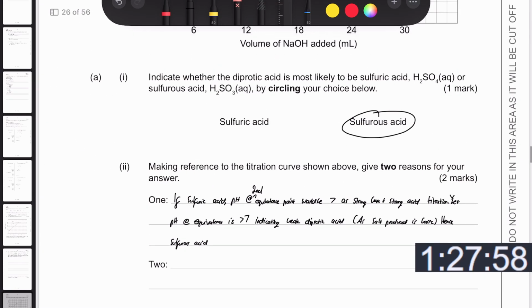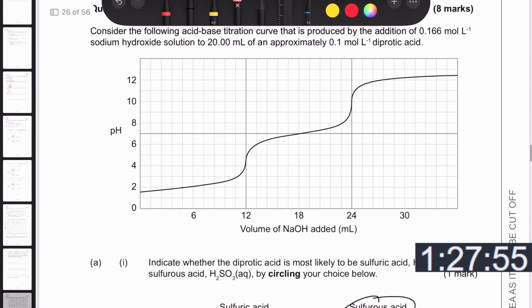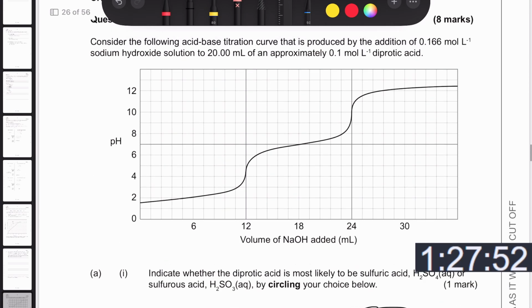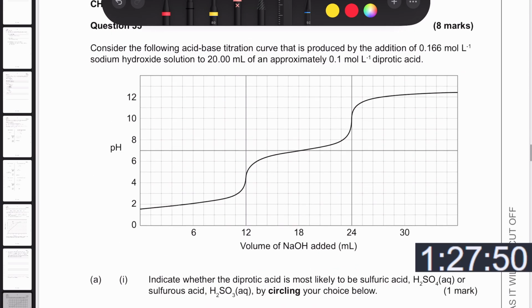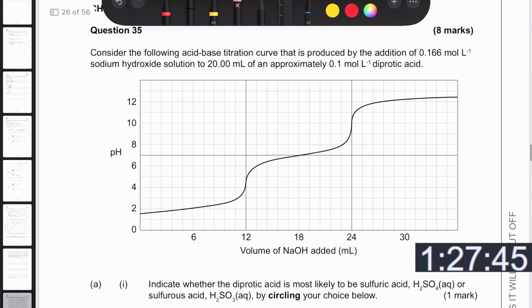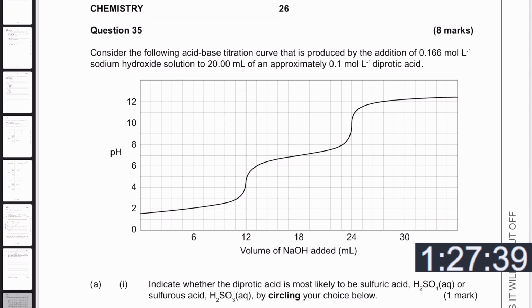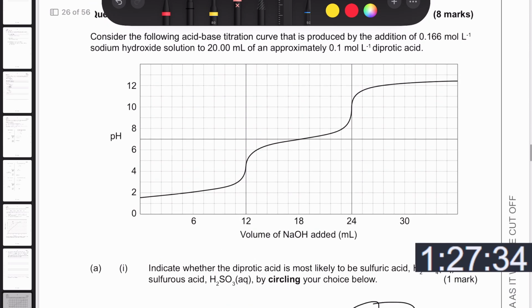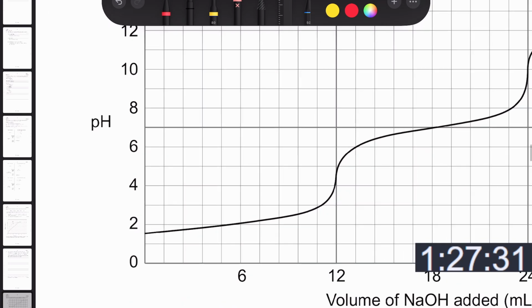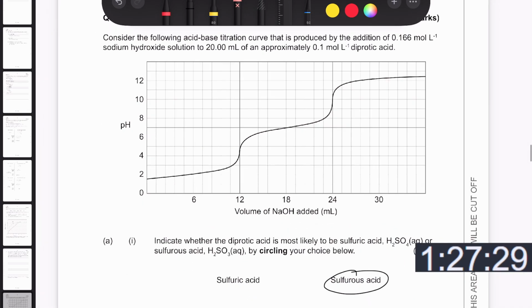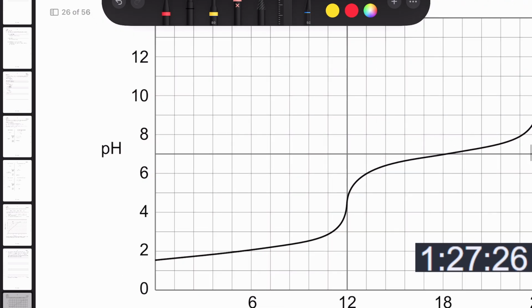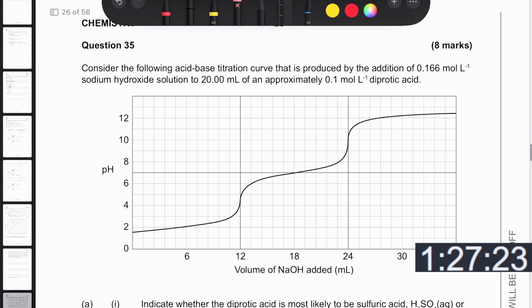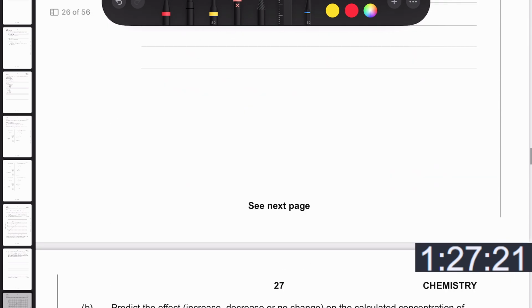Second equivalence point. Oh, I don't know the second reason. Oh, chat, I don't know why. Other than that, if it was sulfuric, it should be at a pH of 7. Can't think of it. Give 2 reasons for your answer. I can't think of one. Okay, I'm going to continue.